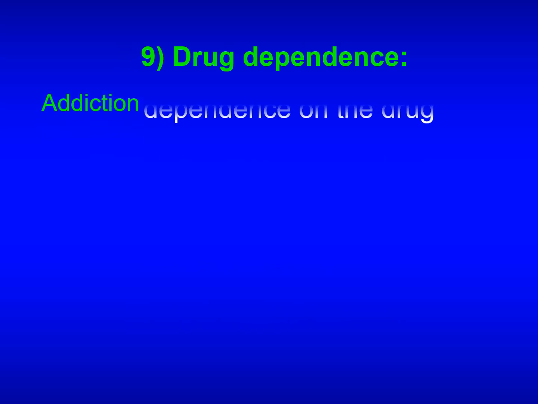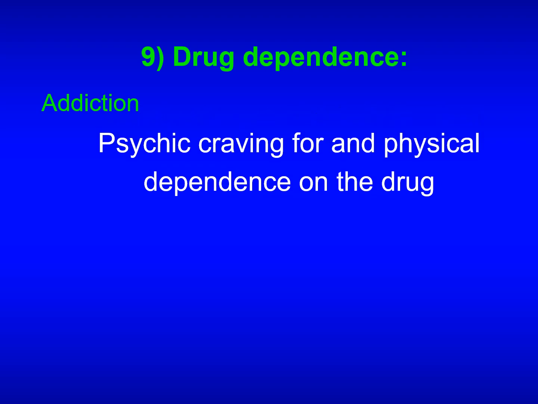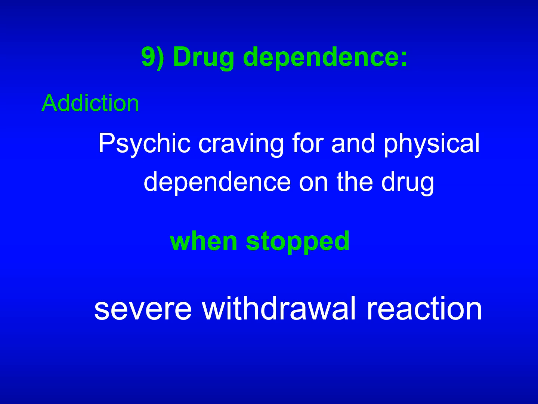Addiction means psychological and physical dependence on drug, psychic craving for such a drug. And if this drug is stopped suddenly, it will produce severe withdrawal reaction. For example, heroin and morphine. So, when treating addiction, you have to reduce the dose gradually.